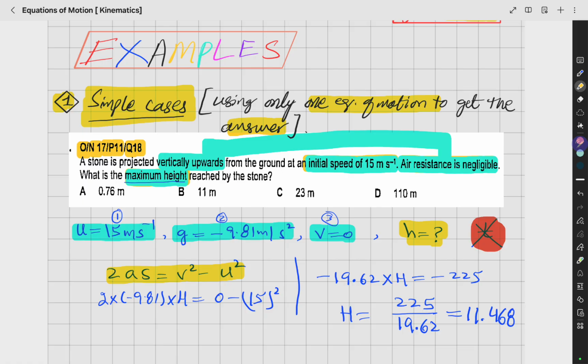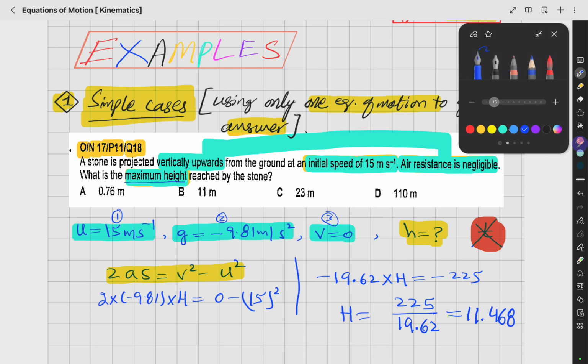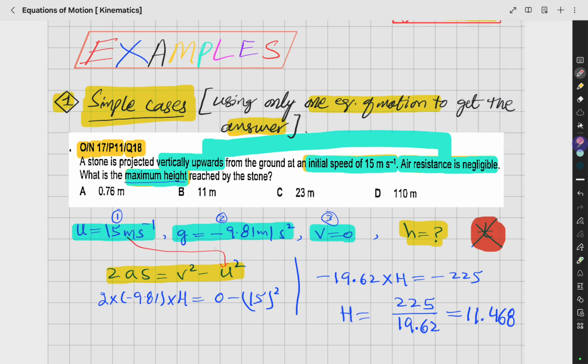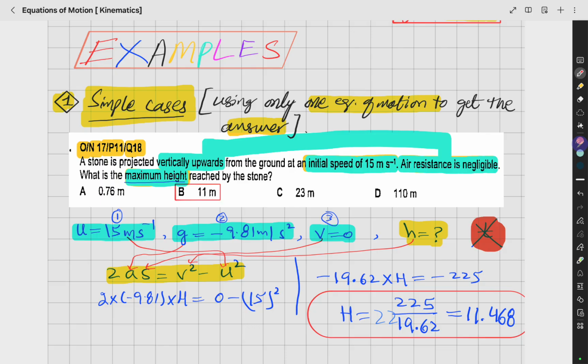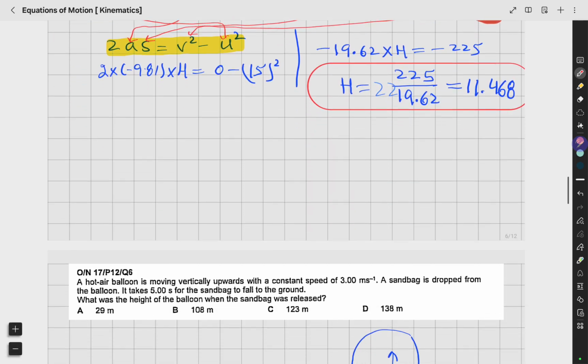Now you simply plug in all the data into it, the g over here and the v over here, and you will get the height. From here, the height comes out to be 11.46. So B is your option in this case.